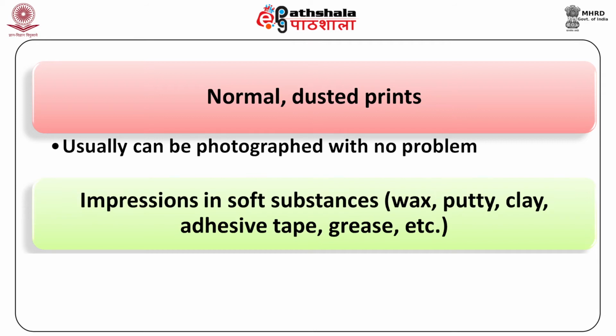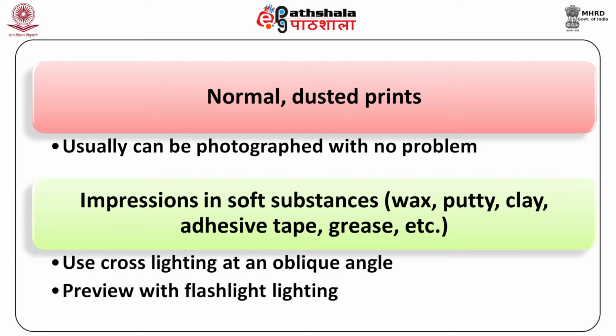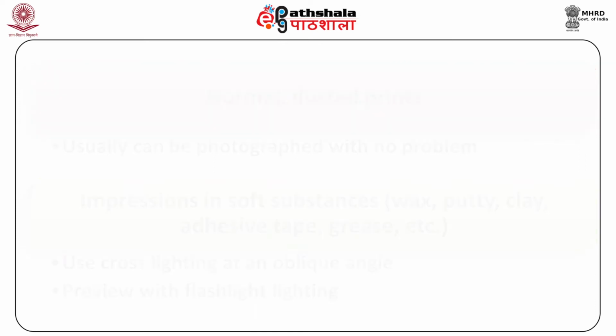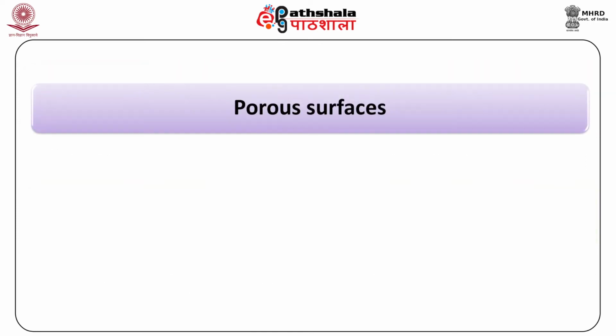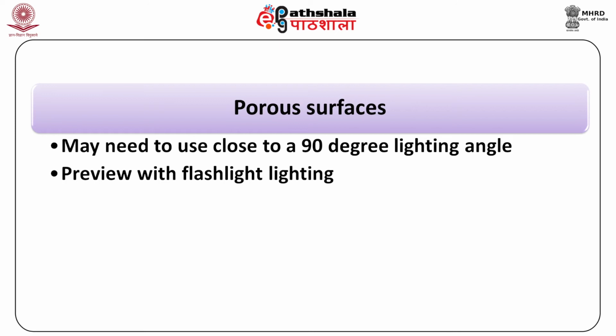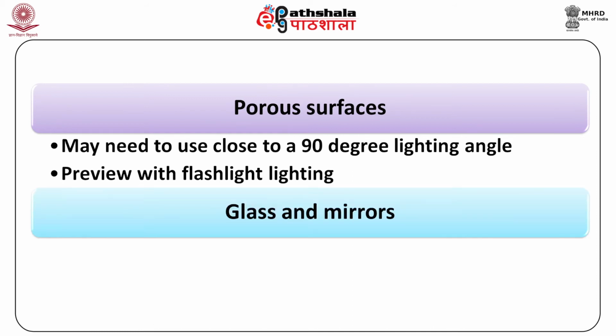Now the next is impressions in soft substances like wax, putty, clay, adhesive tape, grease, etc. Use cross lighting at an oblique angle or preview with flashlight lighting. On porous surfaces, you may need to use close to a 90-degree lighting angle and preview with flashlight lighting. Now on glass and mirrors.